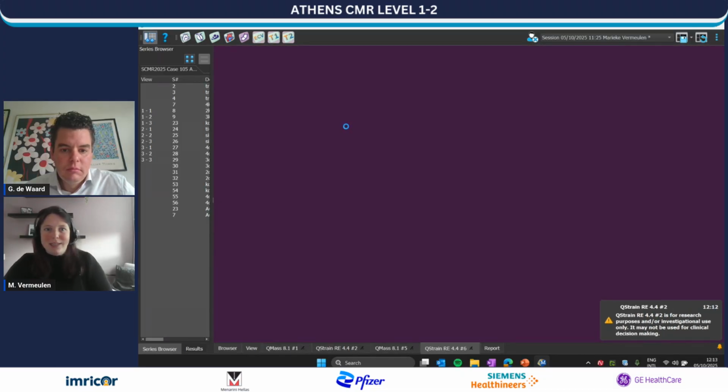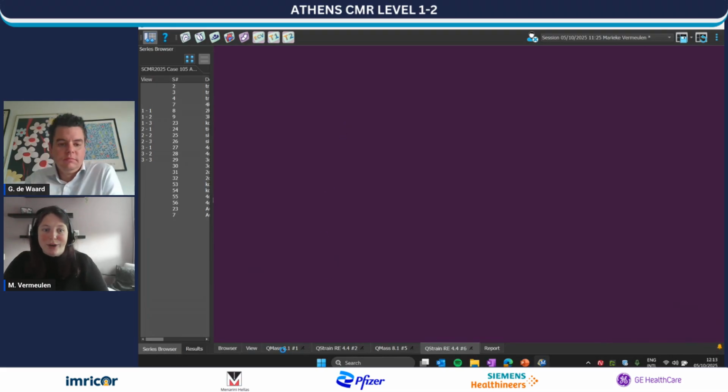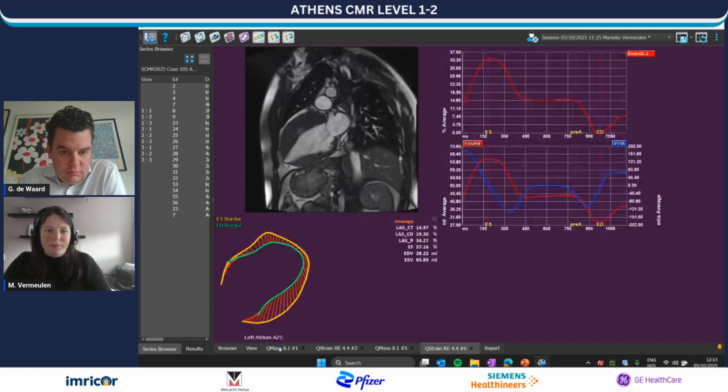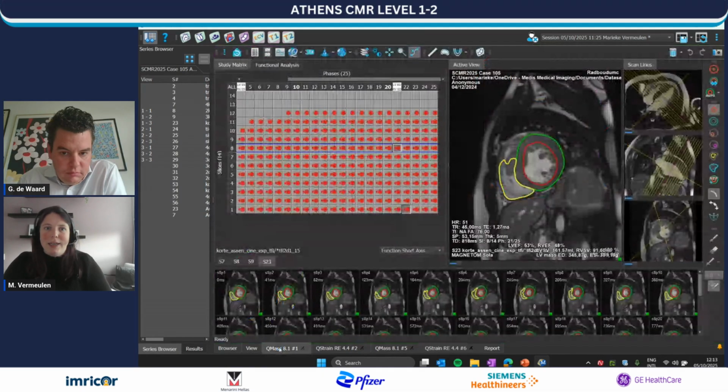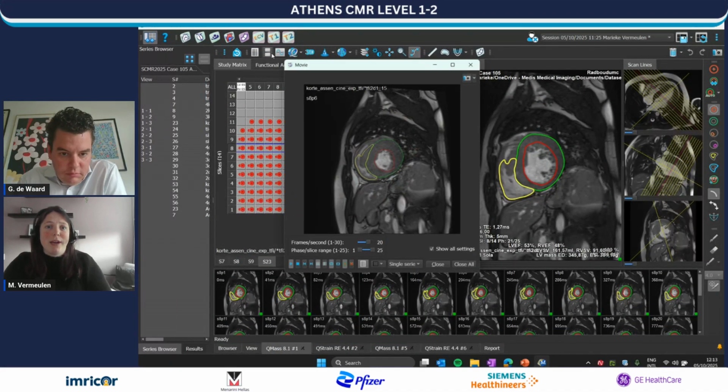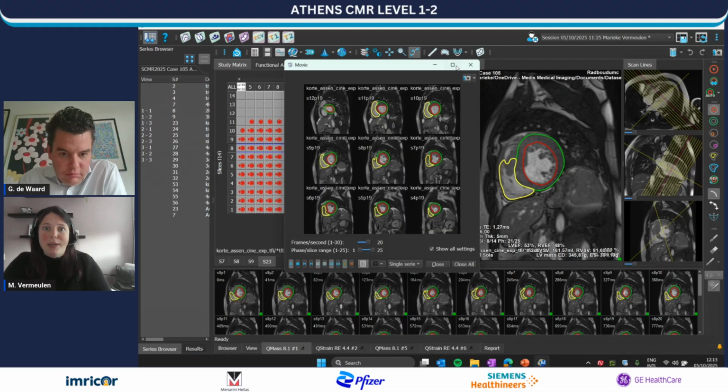Okay, so again, after the loading, let's go back to our QMAS software, where we can see the short axis stack and the auto-generated contours. Maybe just to get an idea of all the contours, let us pull up this one.